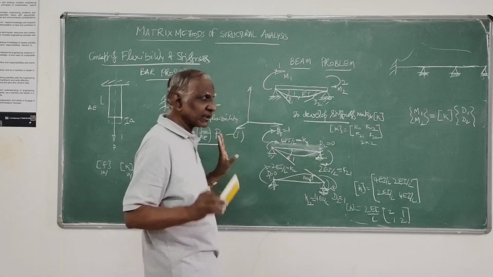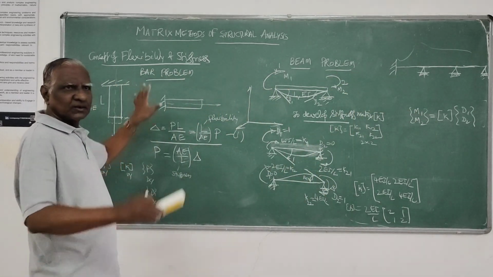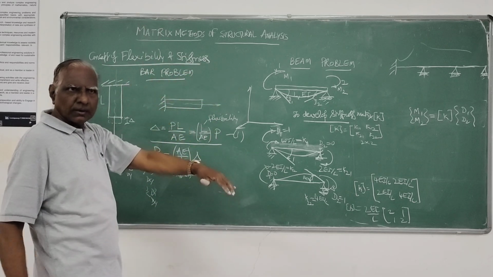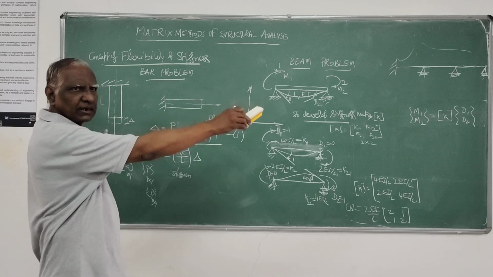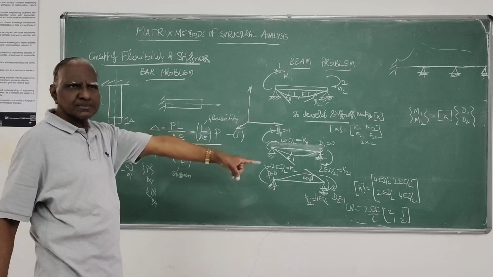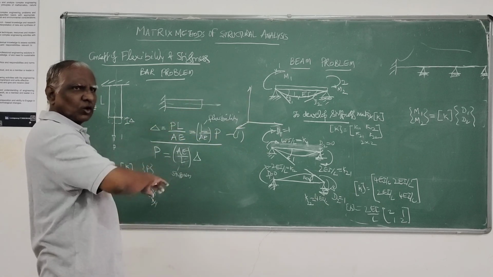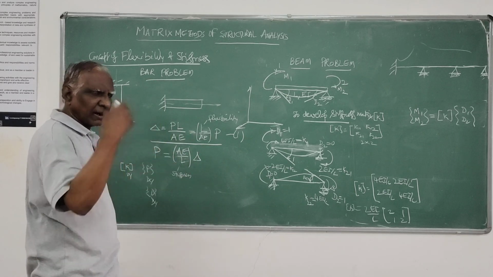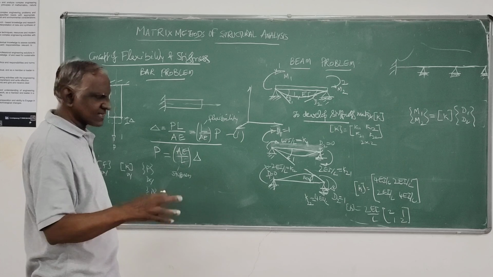This is exactly what I was telling. First, with respect to the global coordinate system, given the loads at the various joints, you find out the displacements first. Then go to the local coordinate system for finding out the member end forces. That is by the slope deflection equation as said.